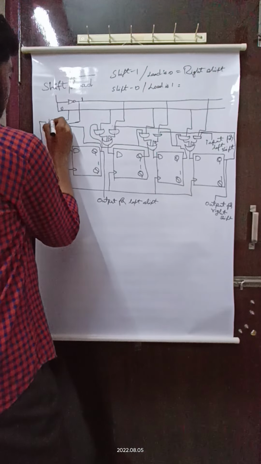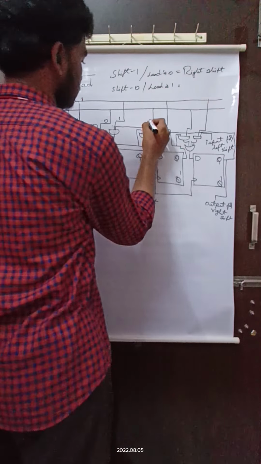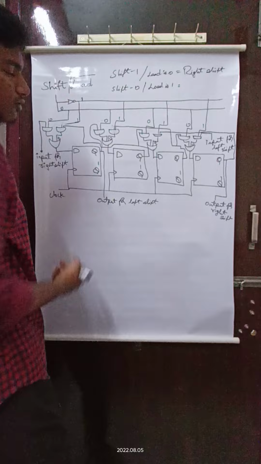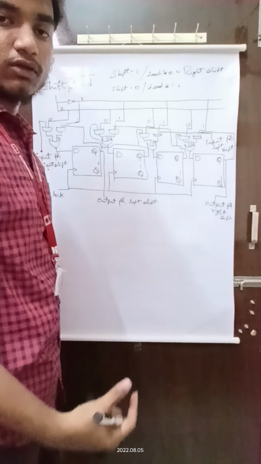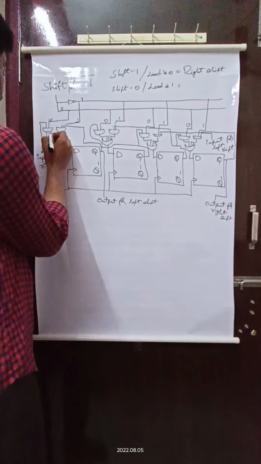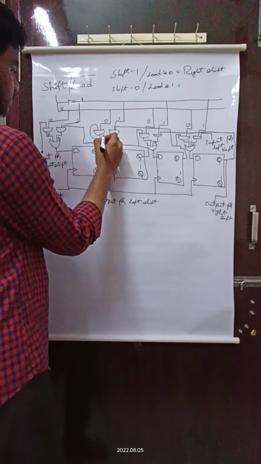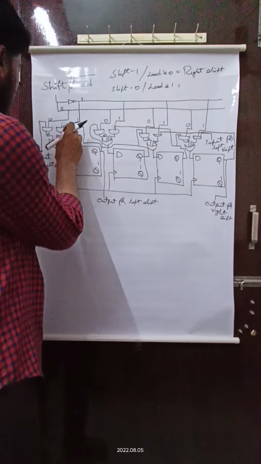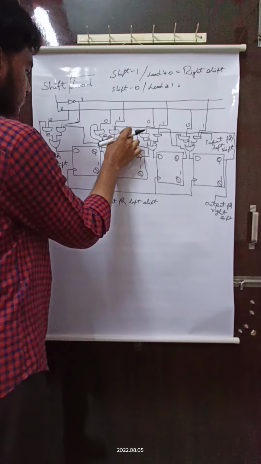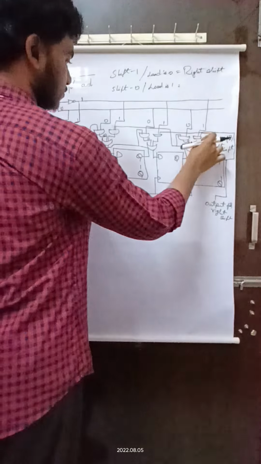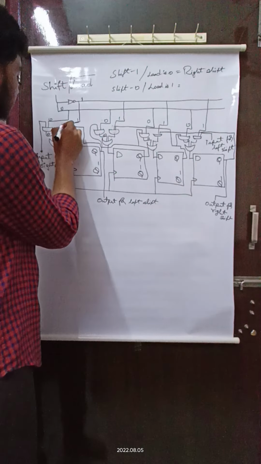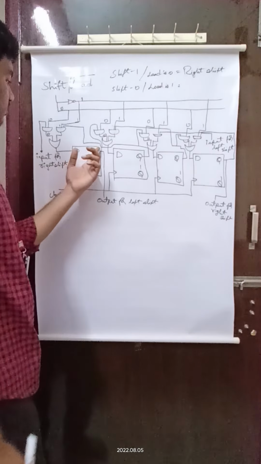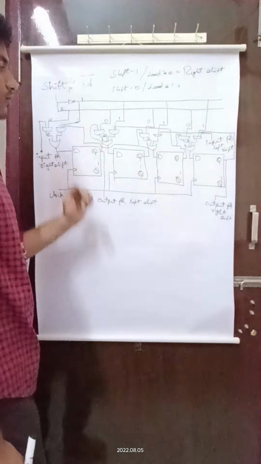So the inputs are 0, 1, 0, 1, 0, 1, 0, 1. We know that when one of the inputs in the AND gate is 0, the total output is 0. So 0, 0, 0, 0. Here one of the AND gate inputs is 1, so the other input will be the input for the D flip-flop.